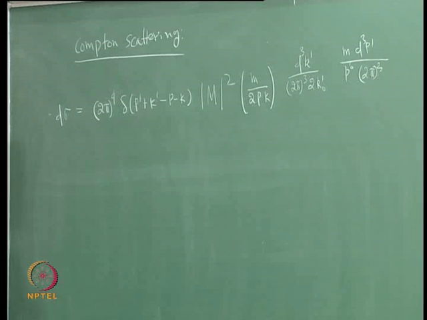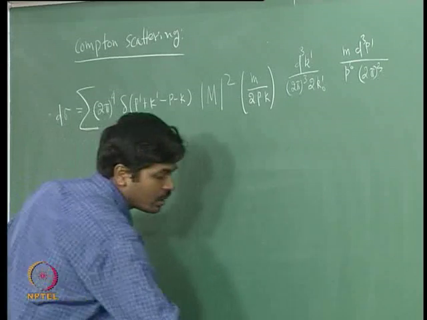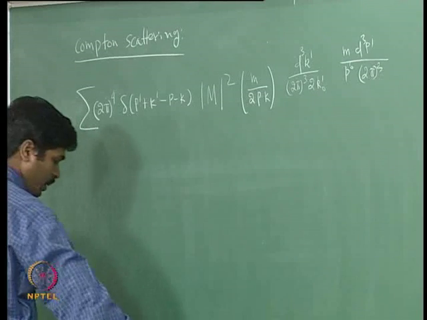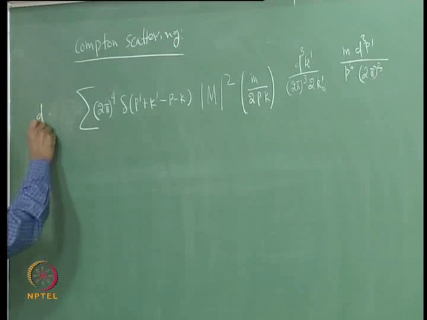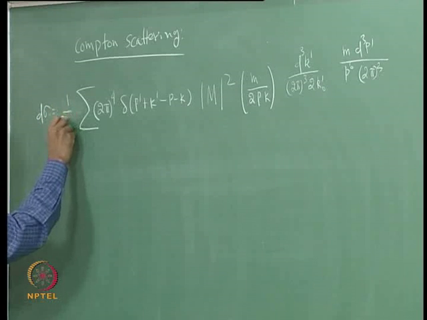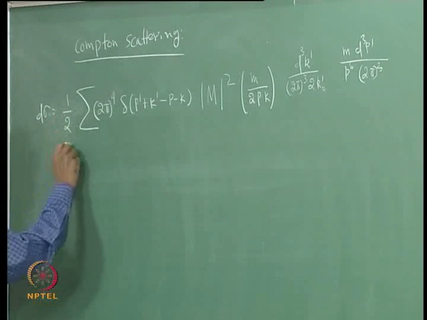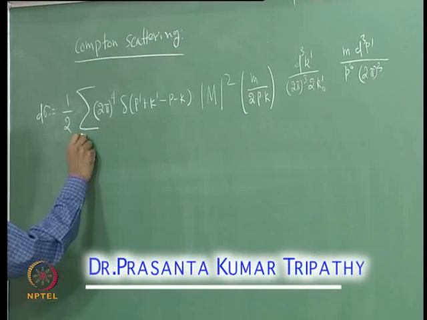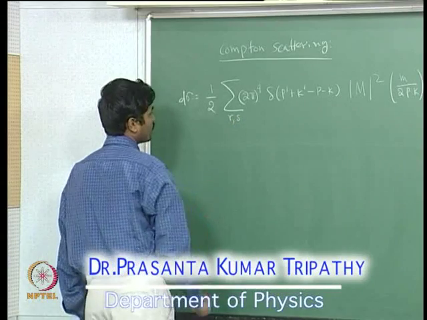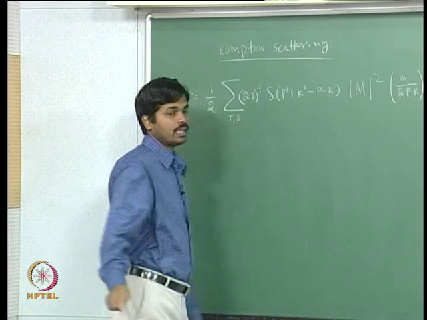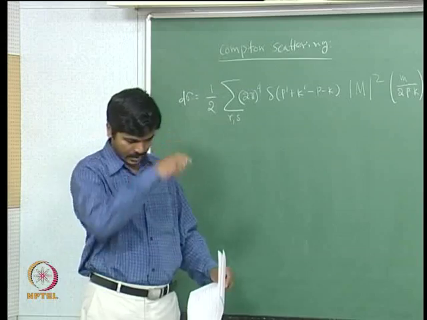Therefore, we need to sum average over the spin of the initial electron and sum over all possible values for the spin of the outgoing electron. When we do that, we need to consider half of the sum over r and s, where s is the spin of the initial electron and r is the spin of the final electron.